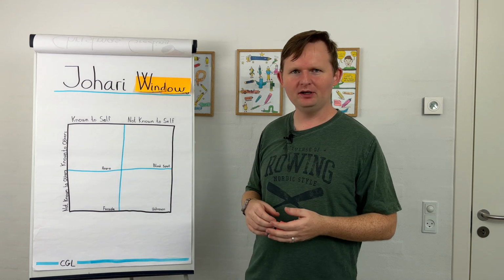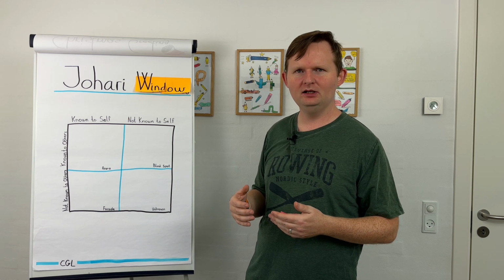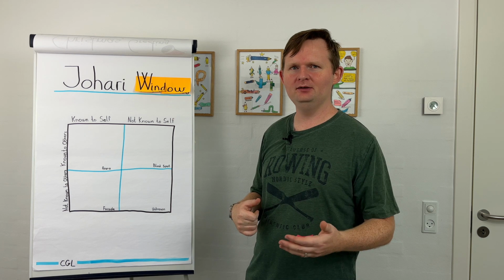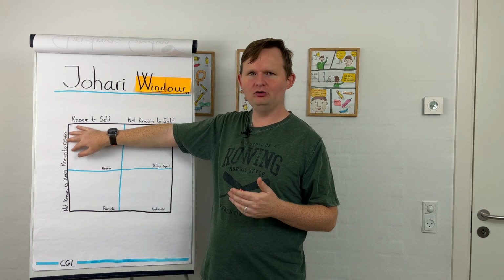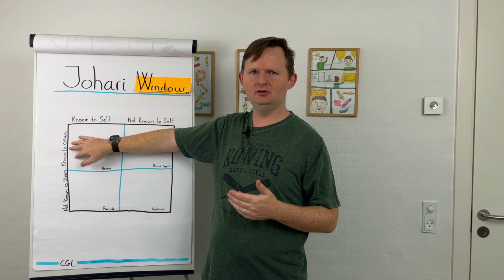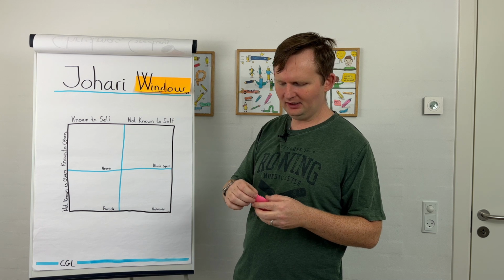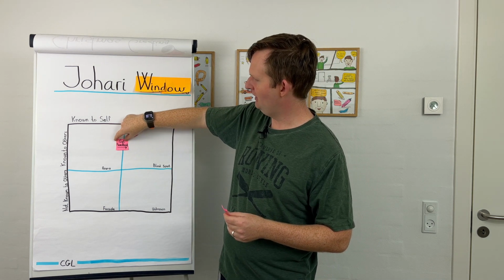So when we are working, we are doing a lot of work around feedback. And when we give feedback, like "I see you at your best when," that is often something that is known to others, but maybe not known to yourself. So when we get feedback from other people, that is where we make the arena bigger.